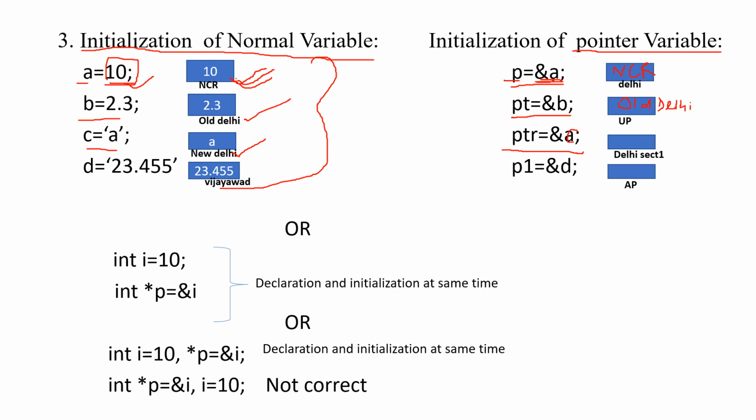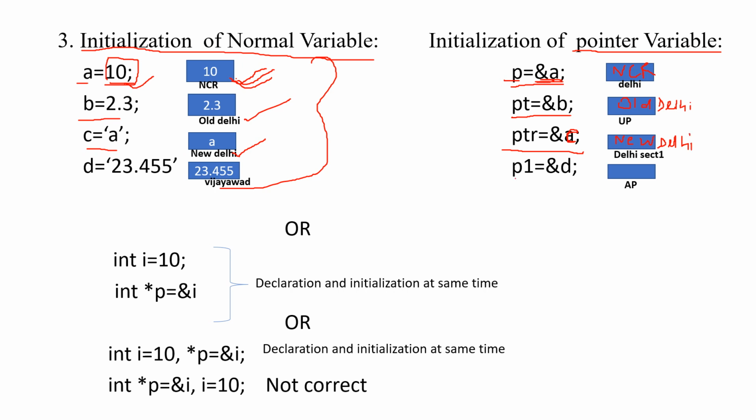I missed that. This is the address of c. So whatever the address of c is, that is going to be stored here. What is the address? New Delhi. So New Delhi is going to be stored here.